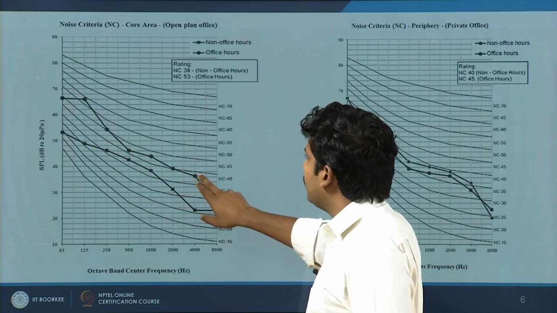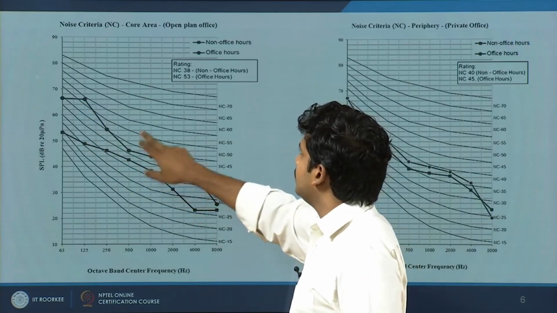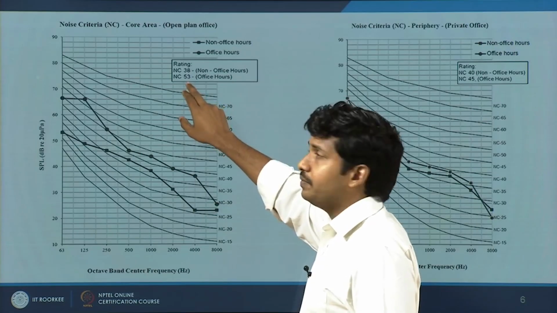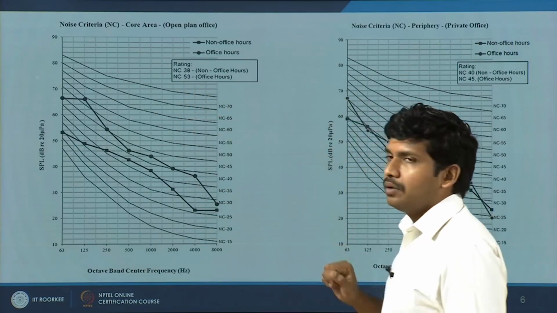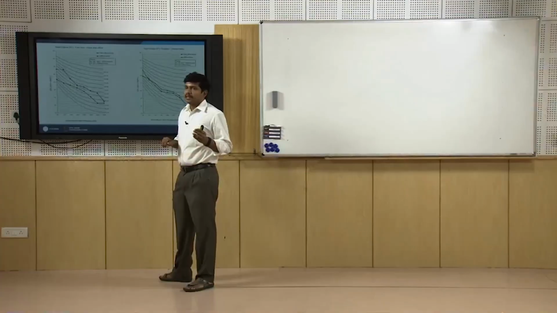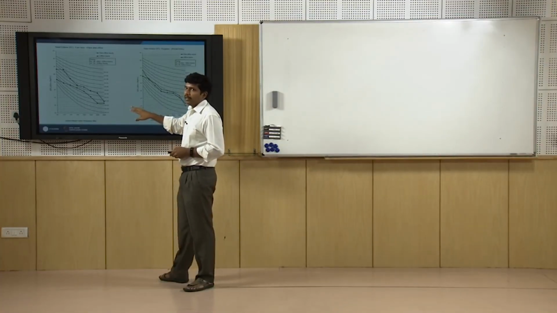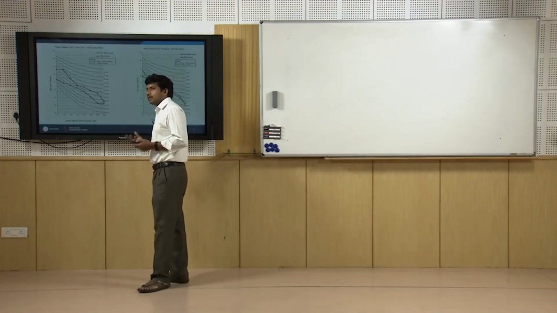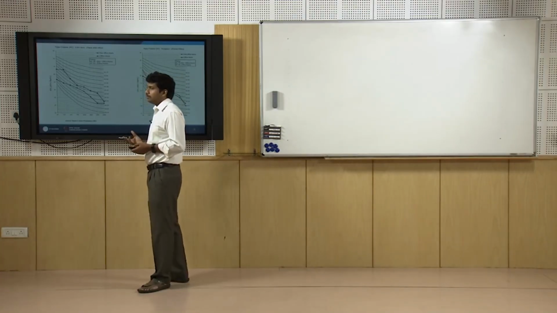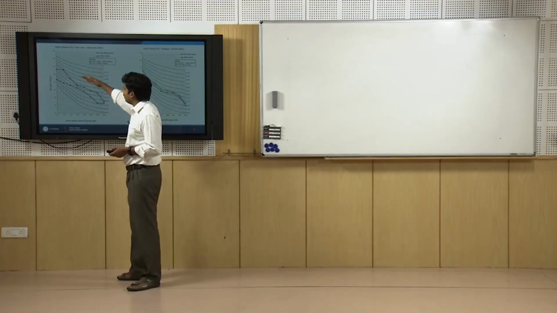Then you also have people conversing, which also increases it. We got around 53 noise criteria during office hours. So in our example, if we have to meet 40 noise criteria, we will not actually be meeting it. We will have to go for certain kinds of acoustical treatment in order to bring the noise criteria to a lower level.